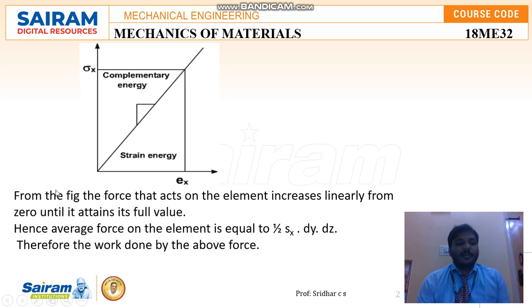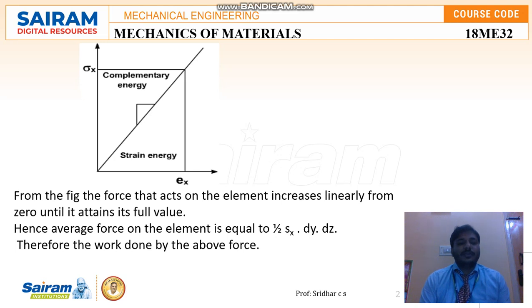Now, what would be the average force on the element? The average force on the element is half of sigma x into dy dz, where dx, dy and dz are the three planes that are acting.